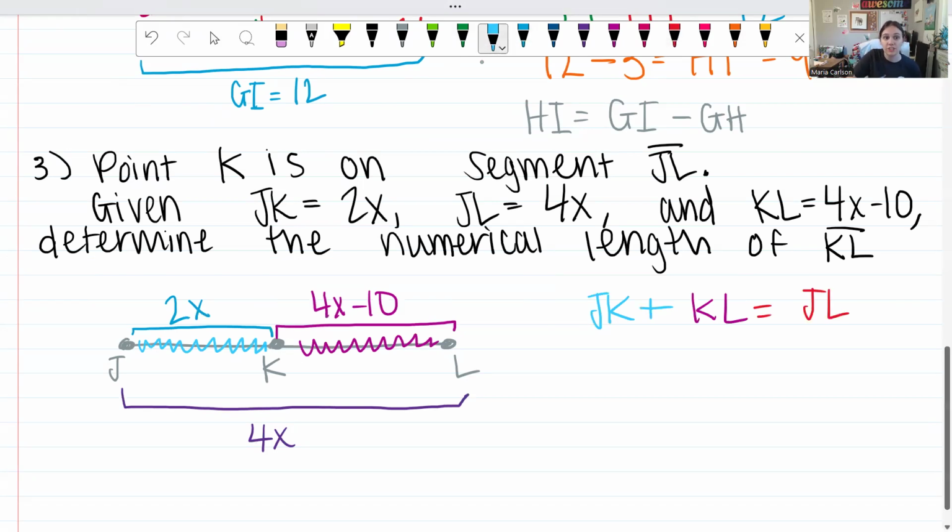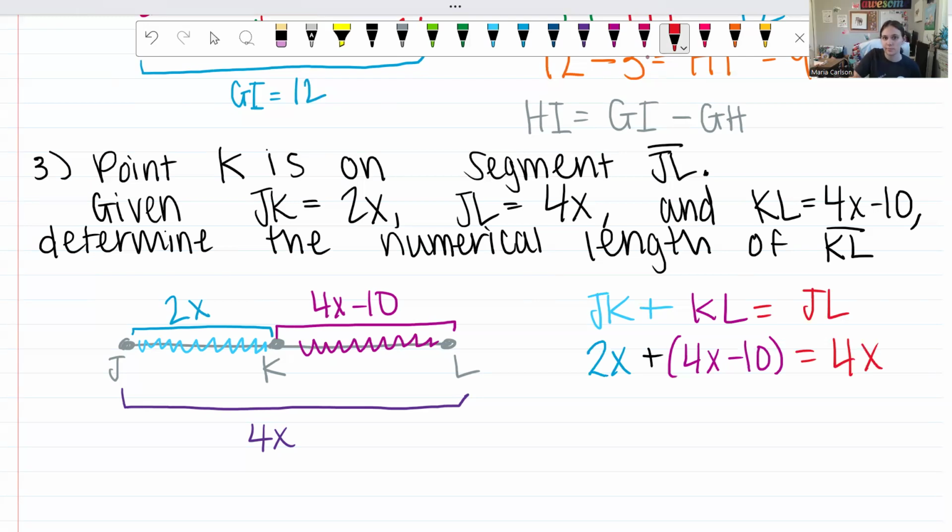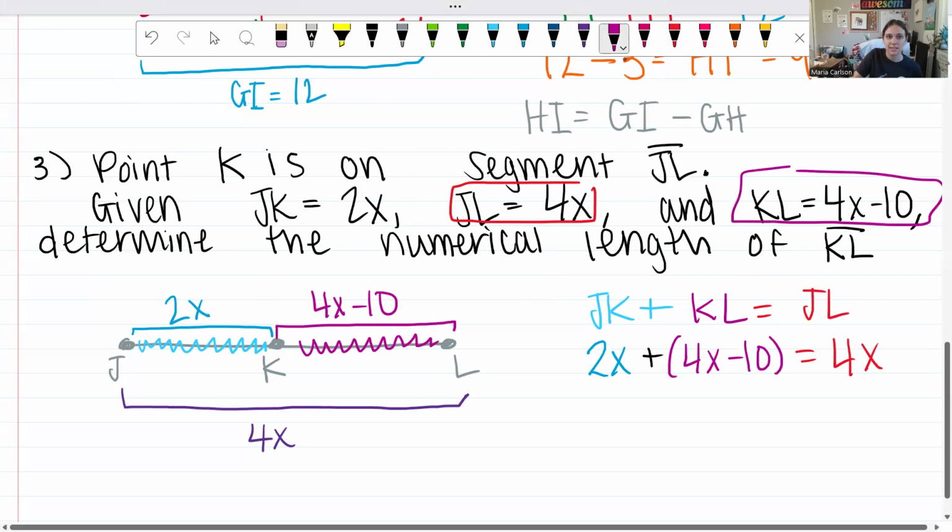We know that JK is 2x, so segment JK is 2x plus segment KL is 4x minus 10. So I'm going to add on 4x minus 10, and that is equal to JL, which is 4x. So JL is 4x, KL is 4x minus 10, and JK is 2x.